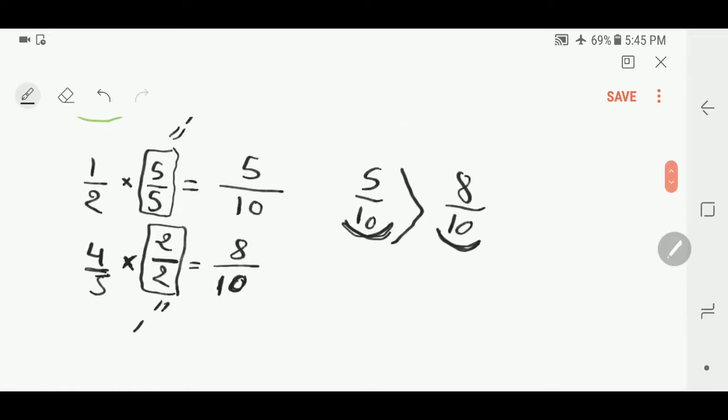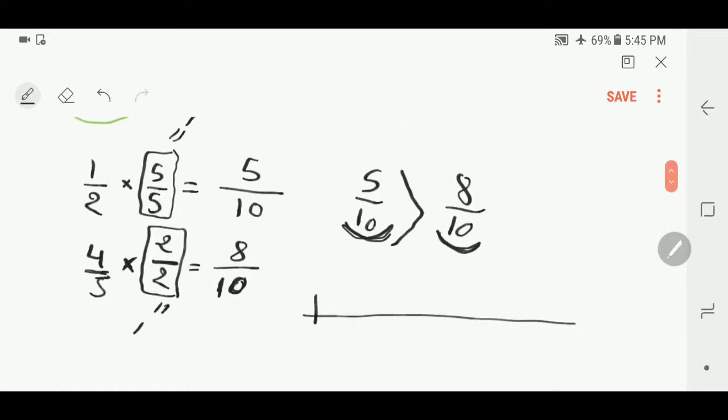Let's think about it like a line segment. After I explain this to you, next time you're not gonna get it wrong. I promise you. From 0 to 1, if we cut this line segment into 10 pieces, like 1, 2, 3, 4, 5, 1, 2, 3, 4, 5.